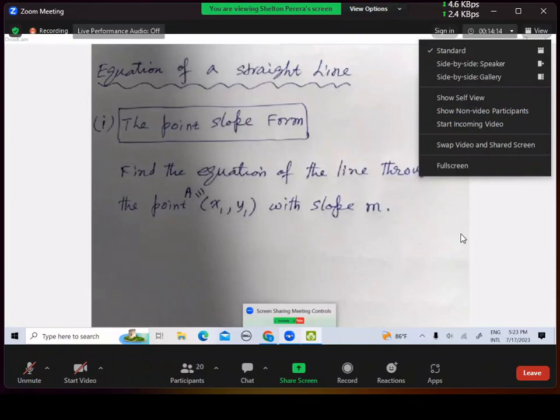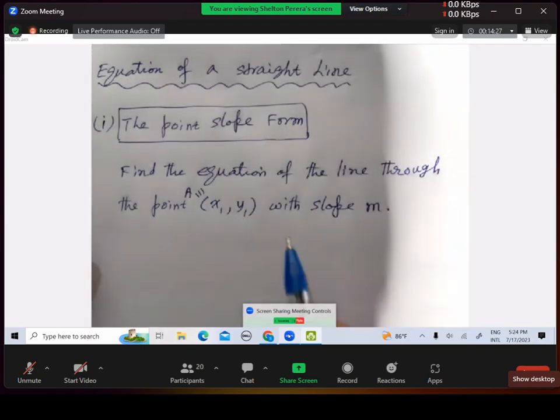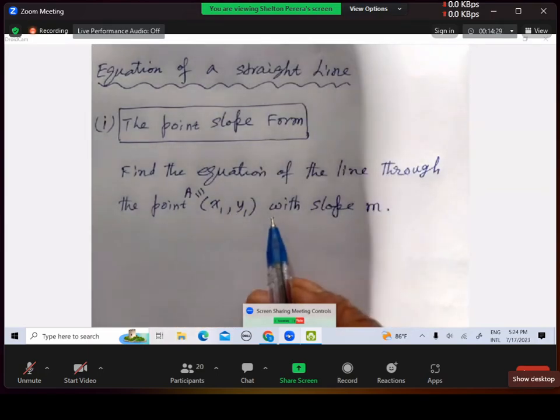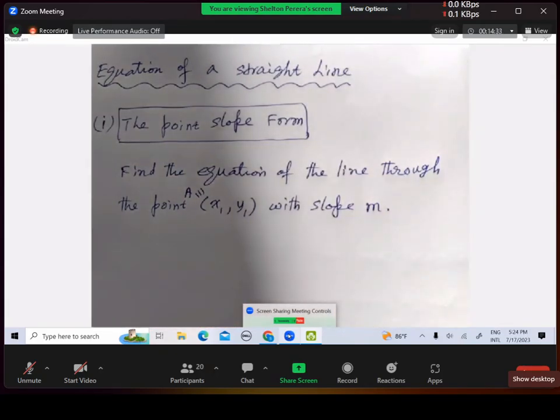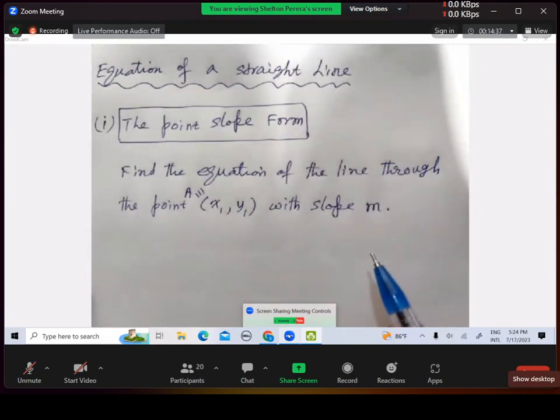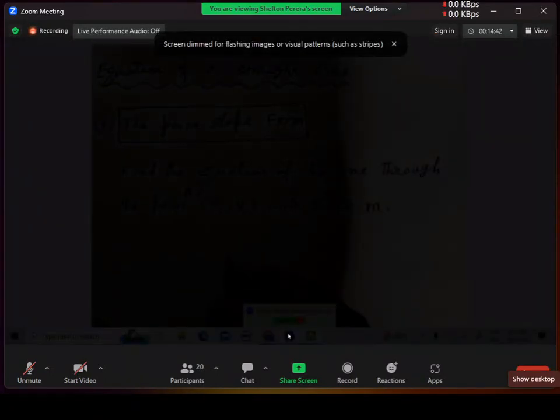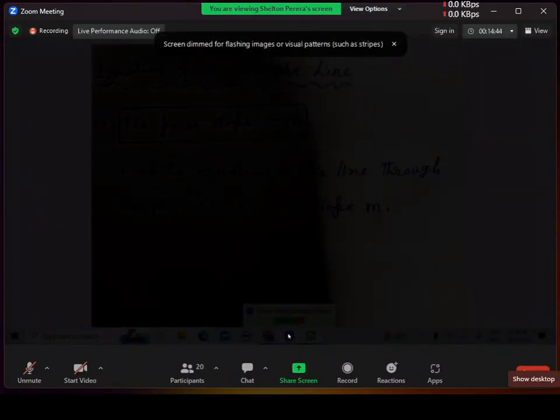I told you when I did graphs of equations, that is the relationship between the x-coordinate and the y-coordinate of all points satisfying the given condition. Okay, find the equation of the line through the points. Yeah, let me draw this.